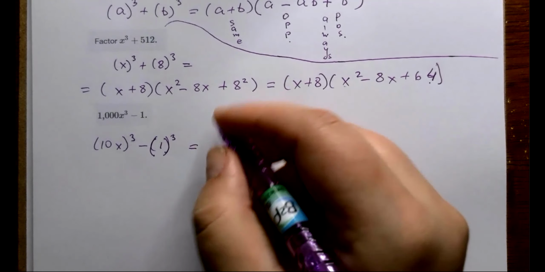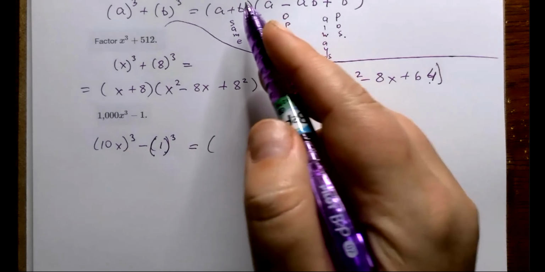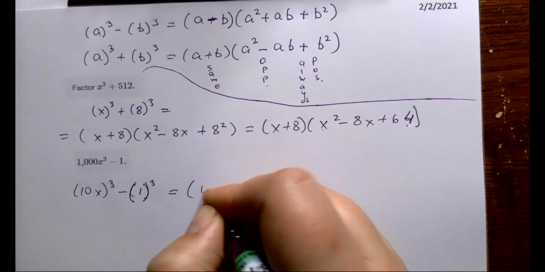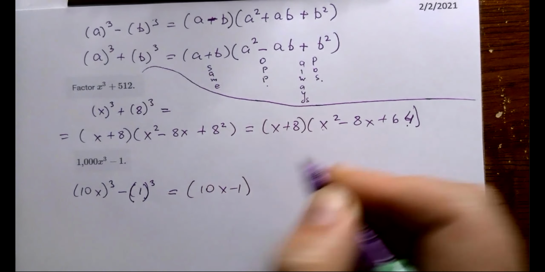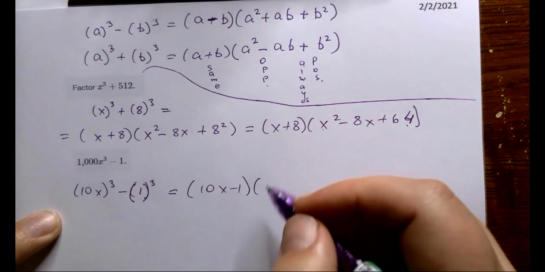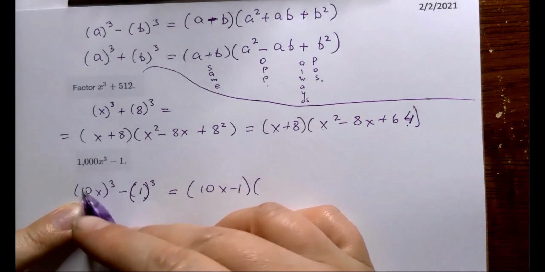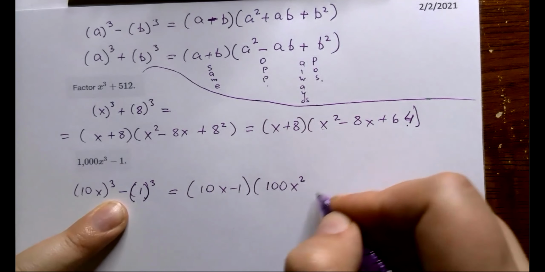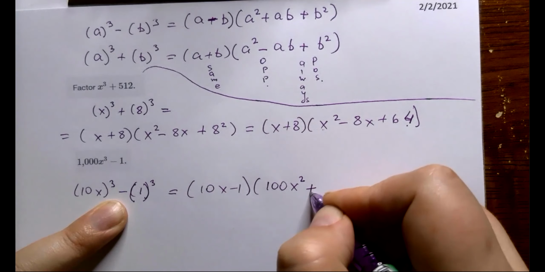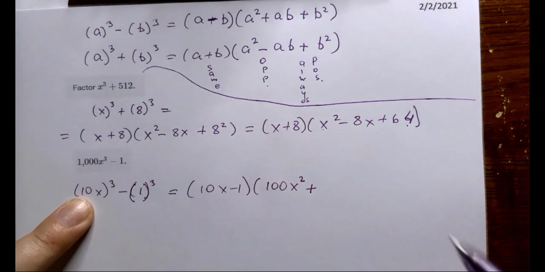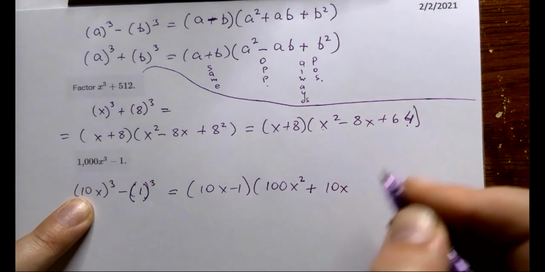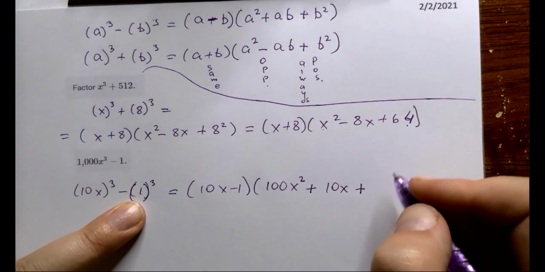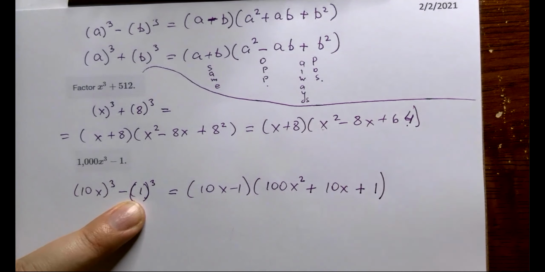So how does it factor? We're going to follow our pattern here. So 10x minus 1 is the first factor, and for the second factor, I'm going to square the first term: 100x squared, and then the sign is opposite: 1 times 10x, and always positive, 1 squared, which is 1.